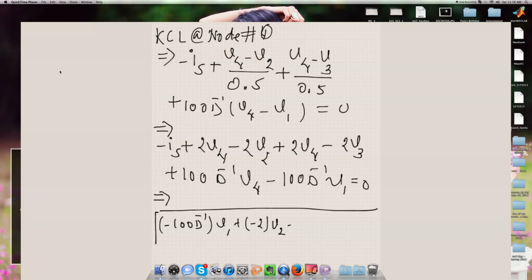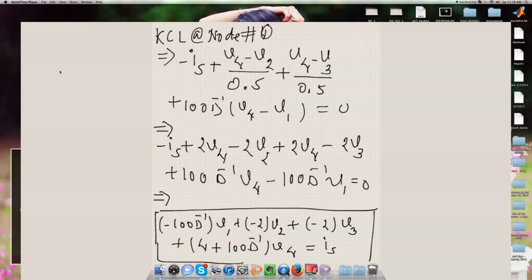Next, the one with V sub 3, which is minus 2 V sub 3. Next, we have 4 plus 100 d minus 1 V sub 4 equals Is. So this is our fourth box that will eventually go into our matrix.